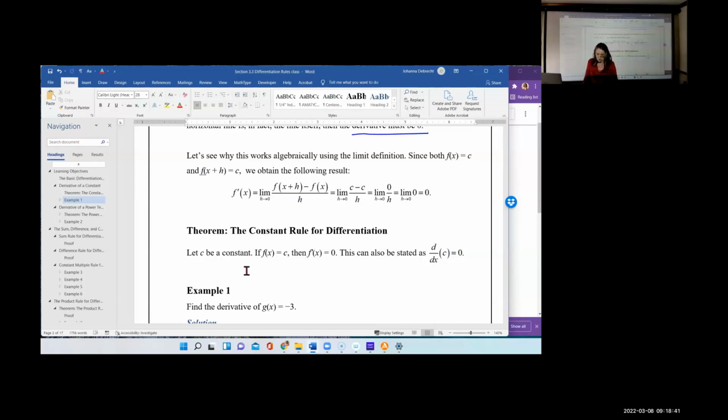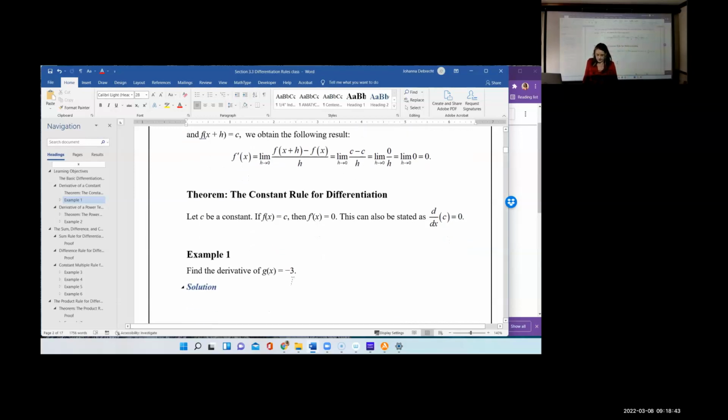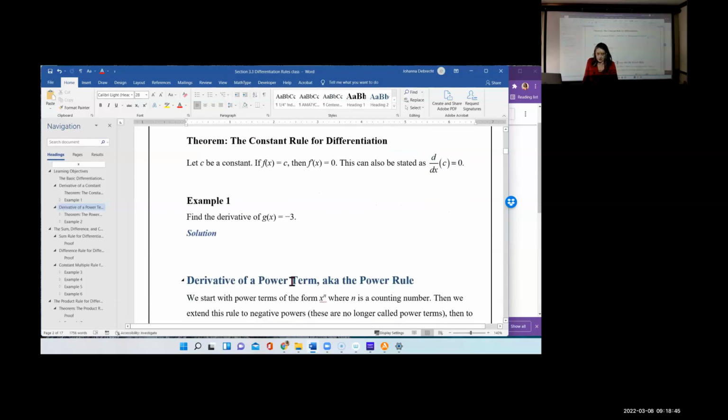So the first theorem is the constant rule for differentiation, which is if you have a constant function, the derivative is 0. And this is the more common way of writing it. The derivative with respect to x of c equals 0. And that's how you read it, the derivative with respect to x.